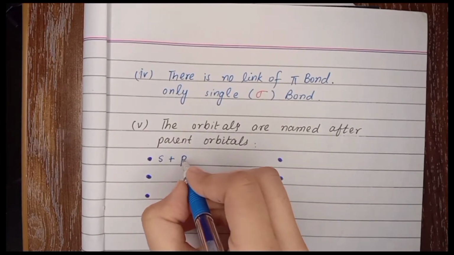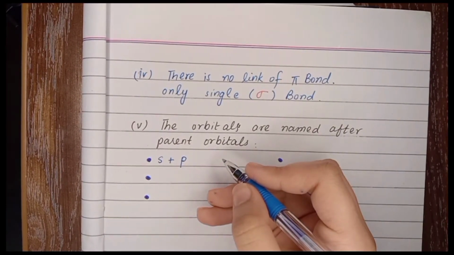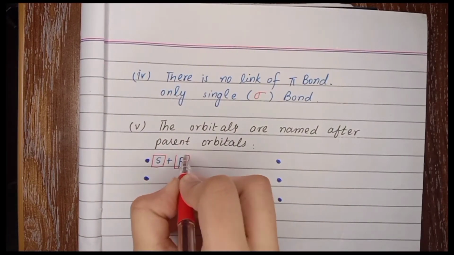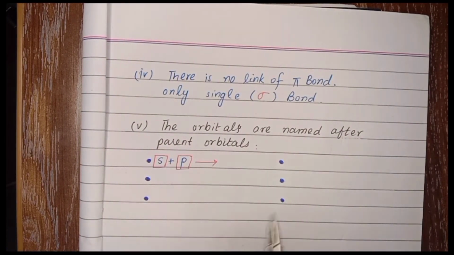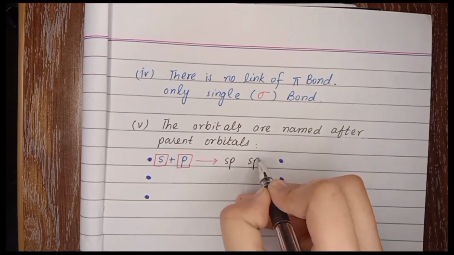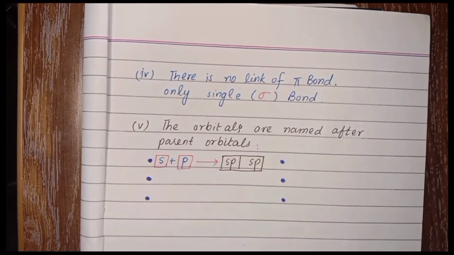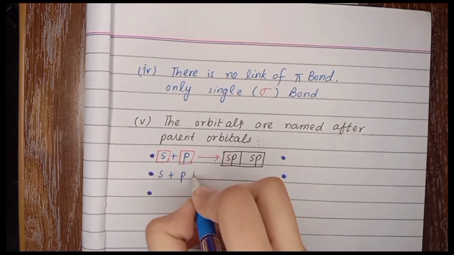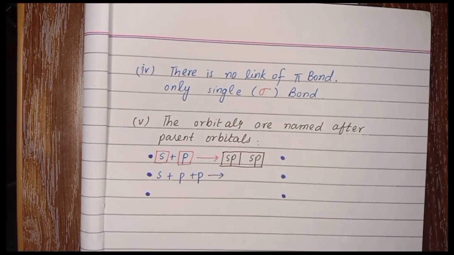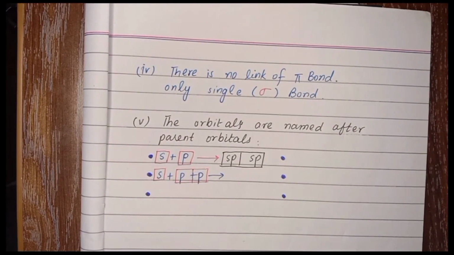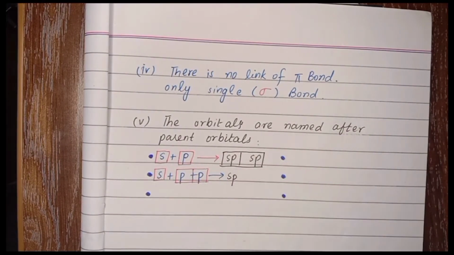The hybrid orbitals are always named after the parent orbitals. If there is one s orbital and 2 p orbitals, then the name will be sp2. If there is one s and 3 p orbitals, the name will be sp3, because they're always named after the parent orbitals which are mixing together to make a hybrid orbital.